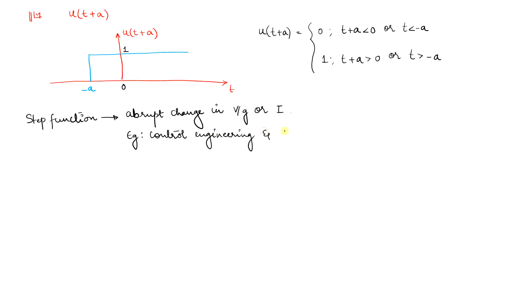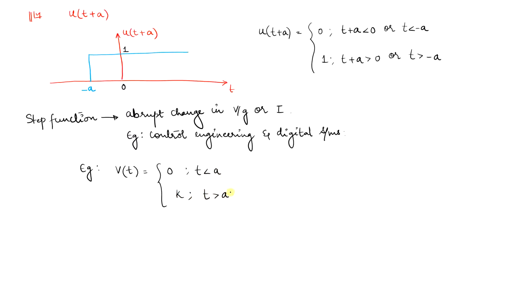So it will be very useful for us to represent the change in voltage or current in terms of the unit step function. For example, let me write this as a signal v of t equal to 0 when t is less than a and equal to k when t is greater than a.